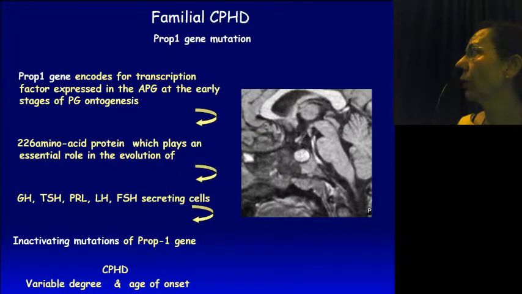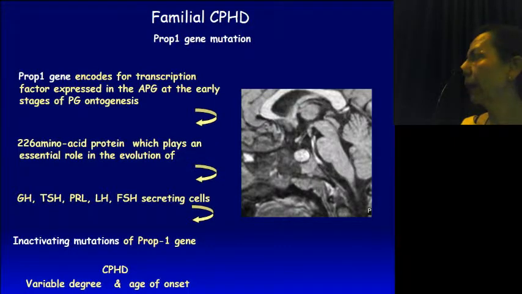If there is a problem at this gene, there is a problem at the cells secreting growth hormone, TSH, prolactin, LH, FSH, so it's a multiple anterior pituitary gland deficiency. All hormones are affected, and our role is to see how the pituitary gland looks in those cases.